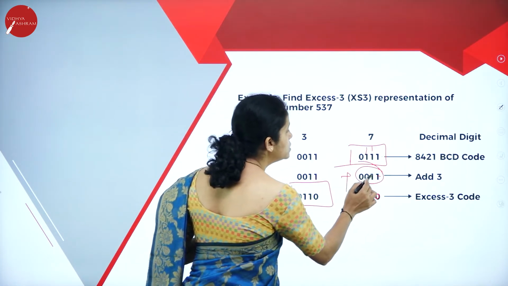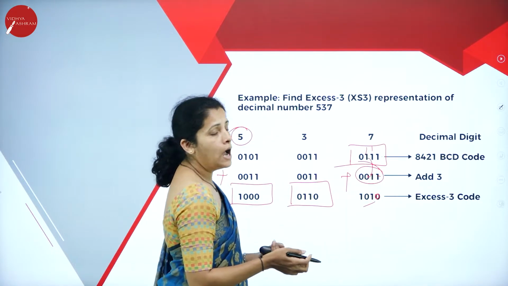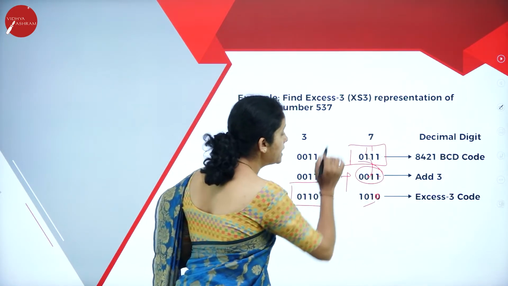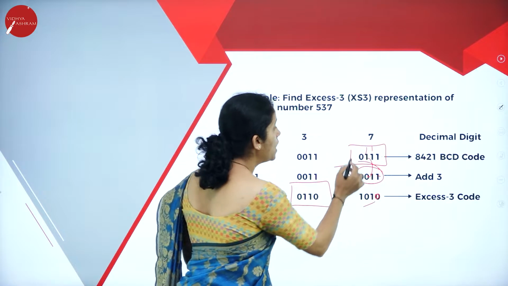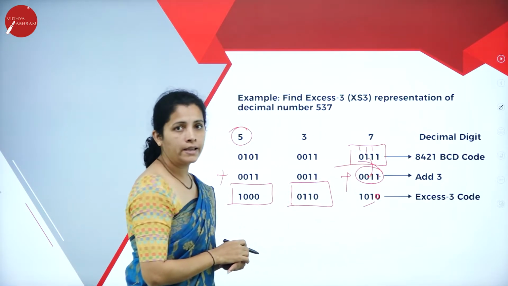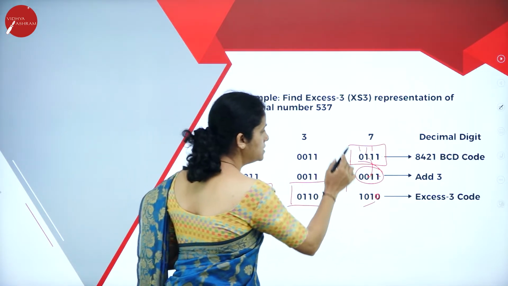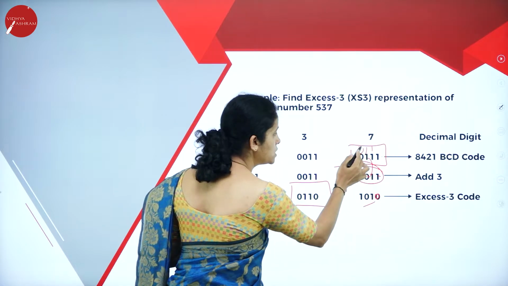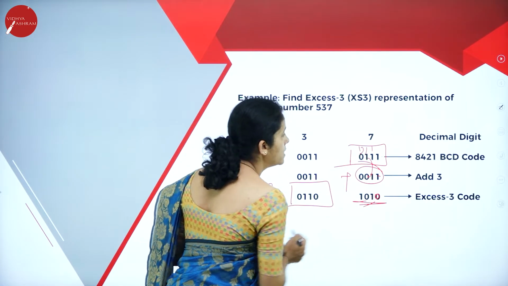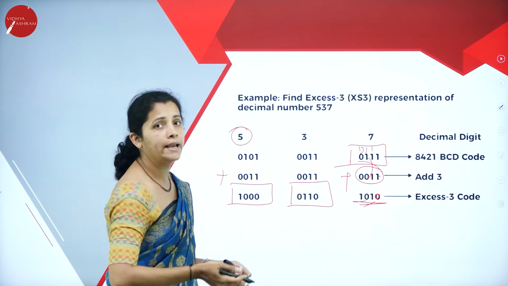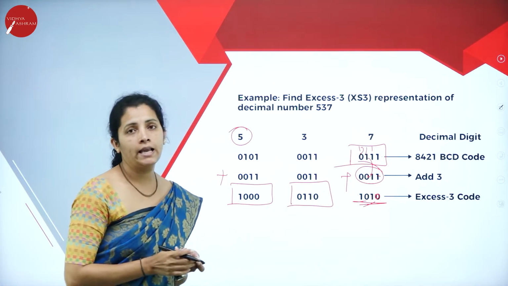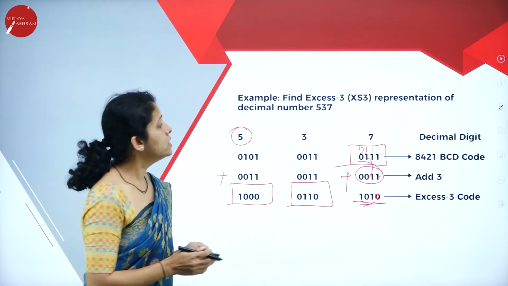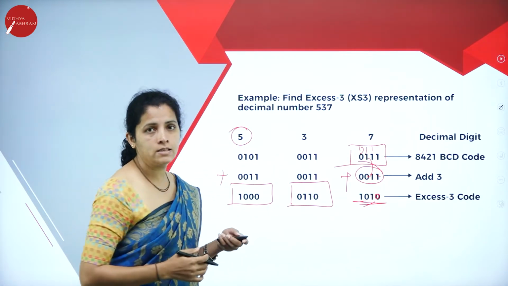Now I'm having 0 plus 1, it is 1. And when I add 1 with the carry, I'm having 0 and 1 is carry. So 0 plus 0, it is 0. 0 plus 1, it is 1. So this is the way I can represent BCD to Xs3.